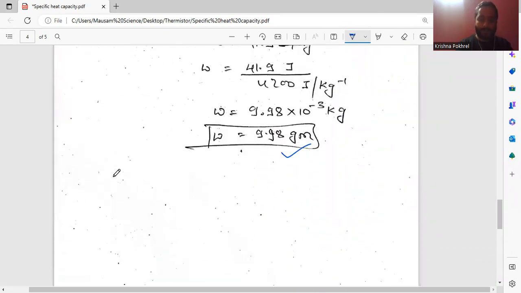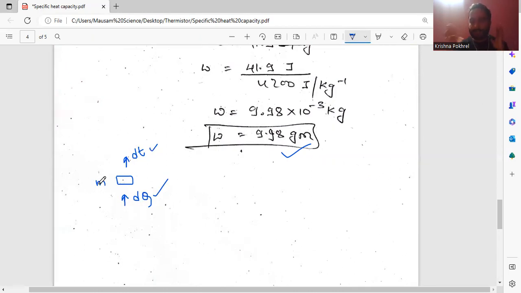I want to describe what water equivalent is. Suppose you have any substance. You have supplied dq amount of heat. The substance has a mass m, and its temperature is raised by dT. dq is fixed, dT is fixed.